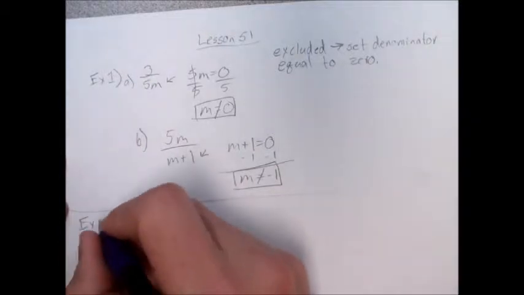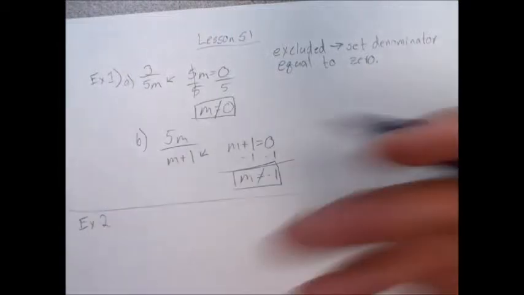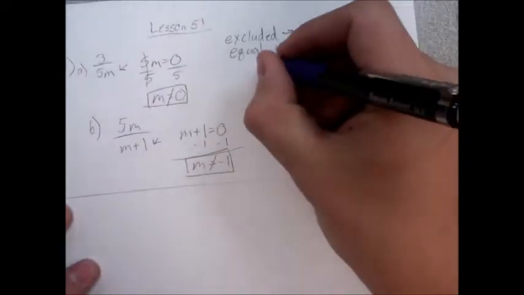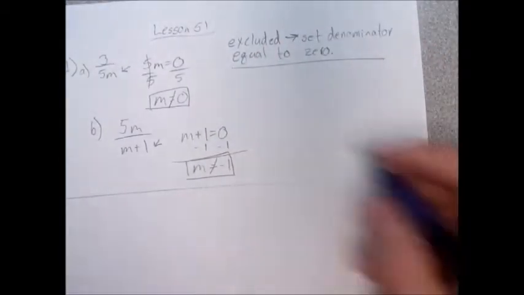Flipping the page. Simplify each rational expression. If possible, identify any excluded values. If there's a variable on bottom, there is an excluded value. So add this to your excluded note.